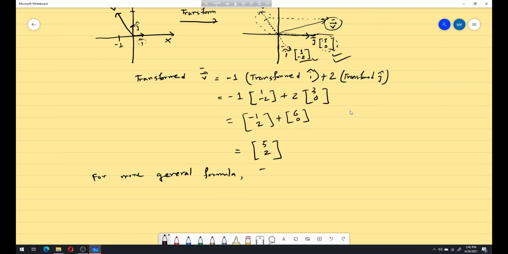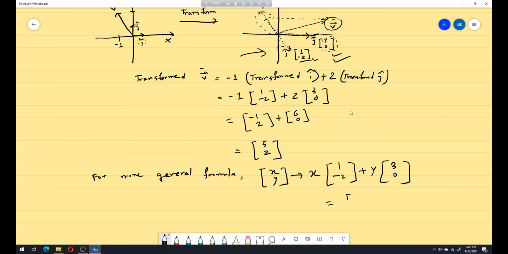If you have any vector xy and you transform it in this transformed coordinate system, you'll have the resultant vector of x into 1 minus 2 plus y into 3 0.